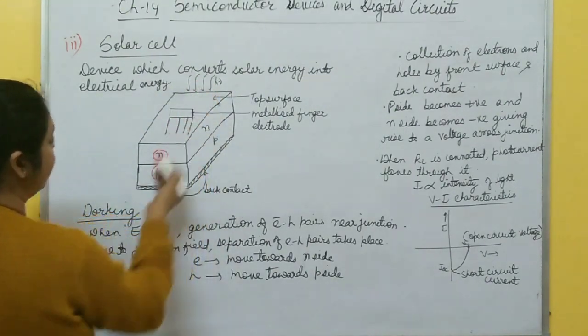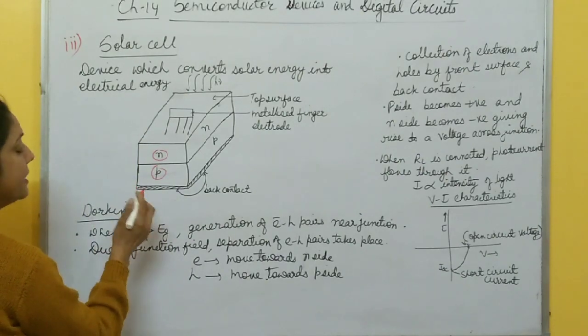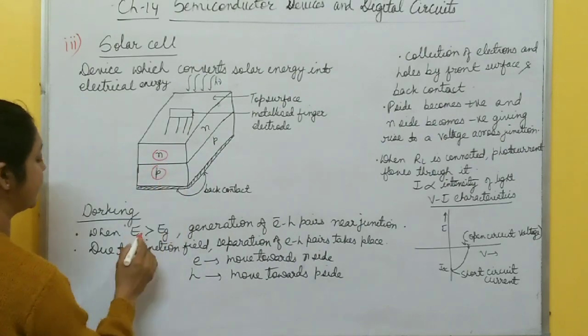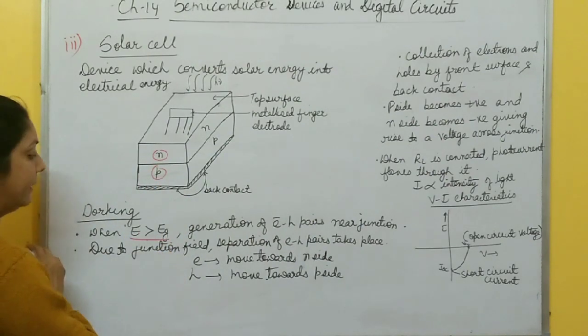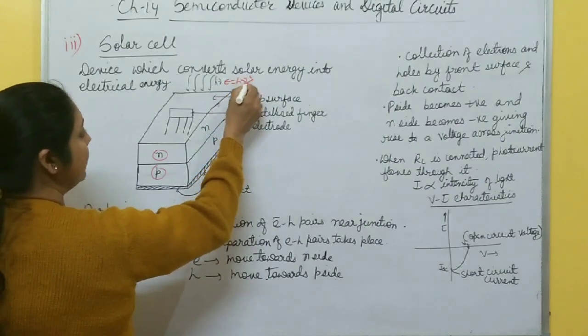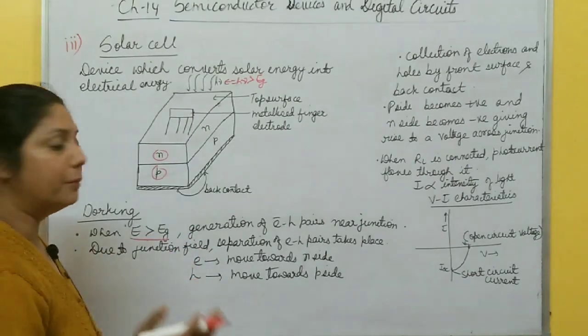When light of suitable frequency falls on this top surface, then what happens? Electron hole pair generation takes place near the junction when E = hν is greater than the band gap energy. Due to the junction field, separation of electron hole pairs takes place.